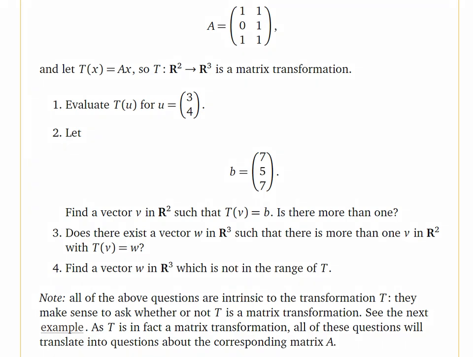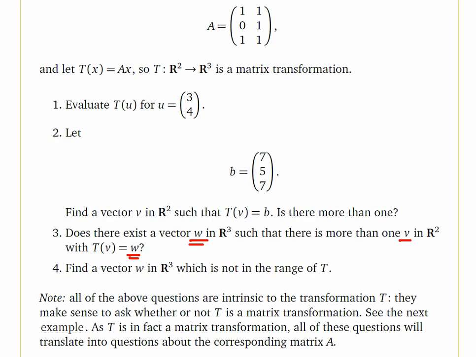Question number 3, does there exist a vector w, that's in the codomain R3, such that there is more than one v in R squared with T of v equal to w?